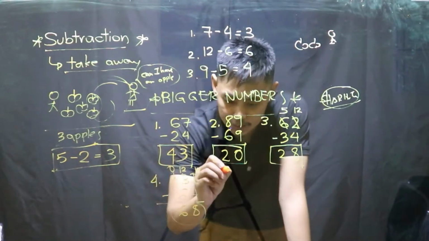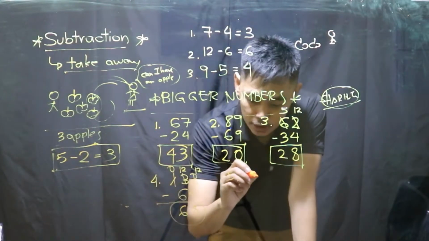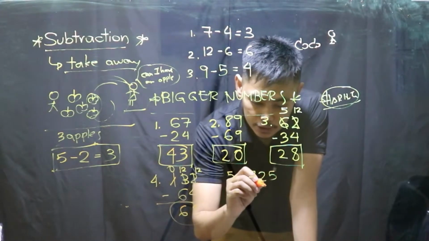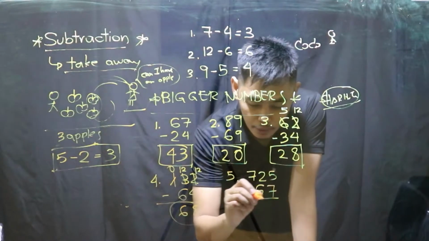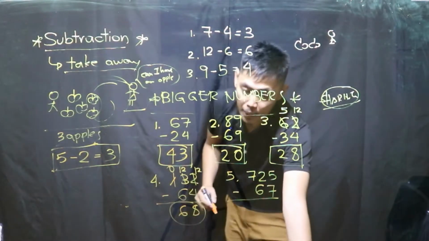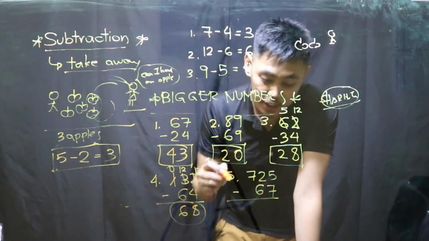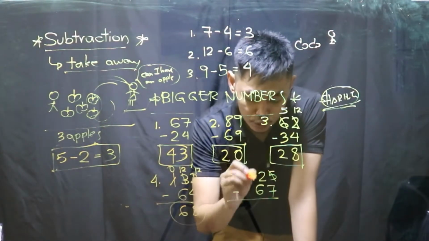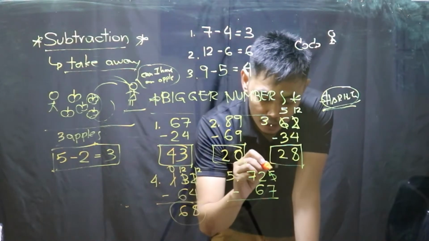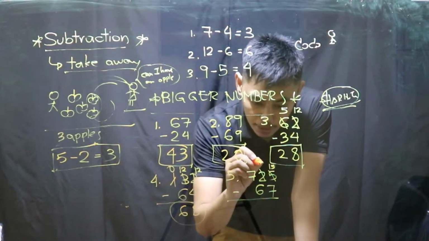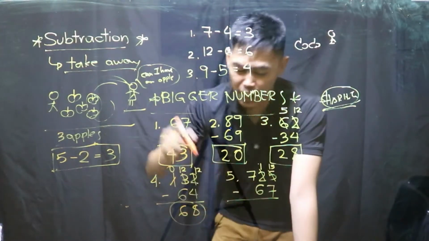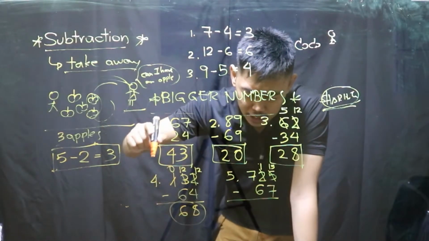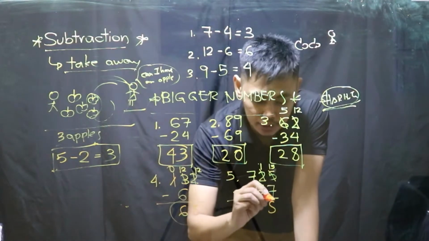Alright, last number. How about 725 minus 67? Okay, so 5 minus 7, we cannot do anything about that, but we can share. So 5 will ask 2 to share something, then 5 will become 15, 2 will become 1, and 15 minus 7 is 8.